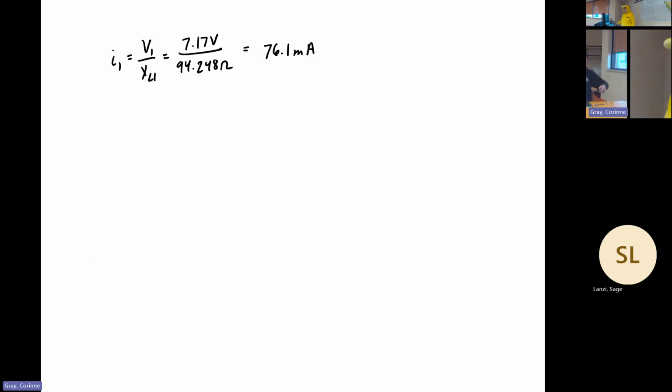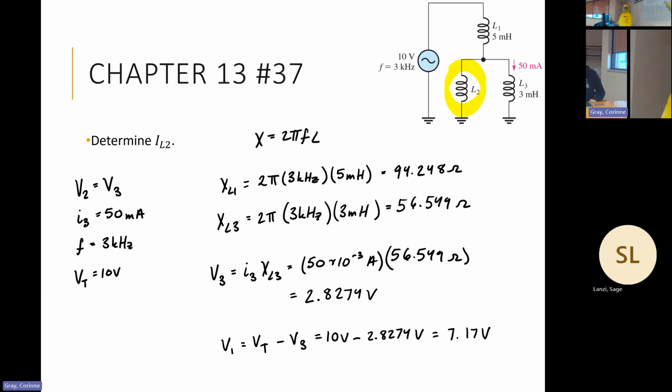So from here, how can I get I2? Subtract the 50 milliamps from I1. All of the current has to pass through inductor 1. 50 milliamps of it is going to go through the right side.